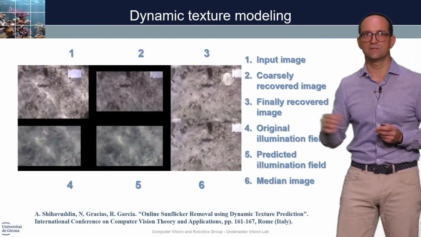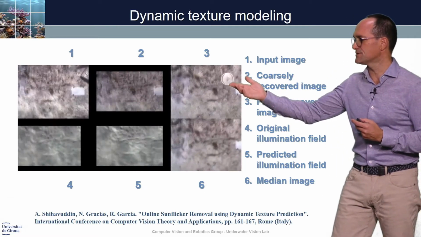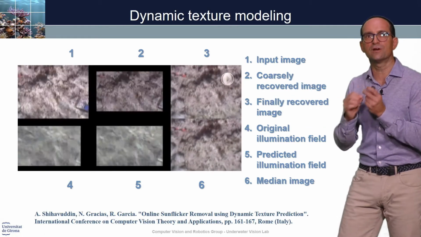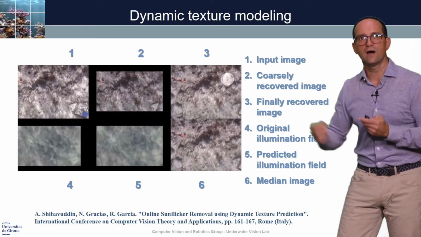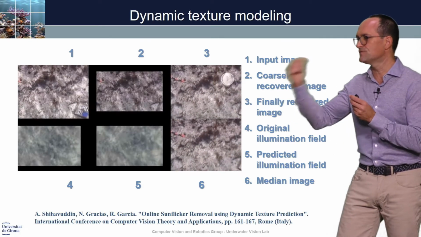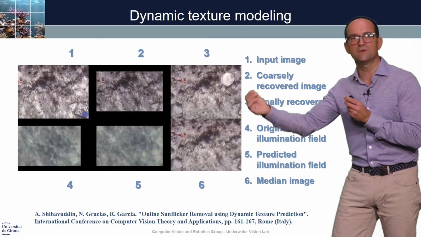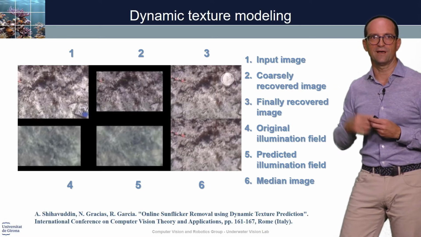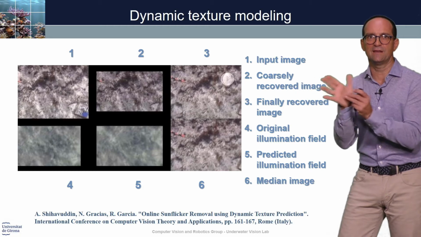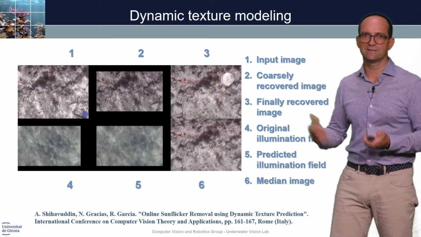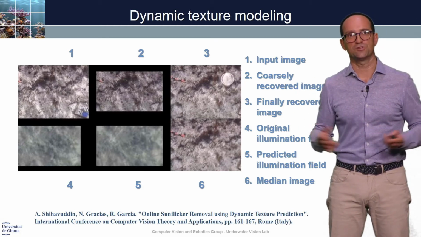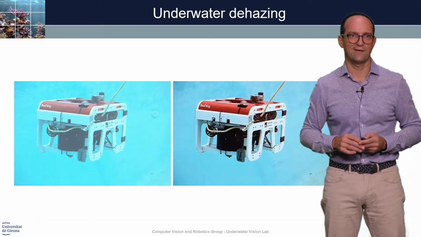In this case, the original image is used to learn the pattern and model how the next image is going to have a light pattern, and then I can remove it and get a better conditioned image for doing a map, for instance.